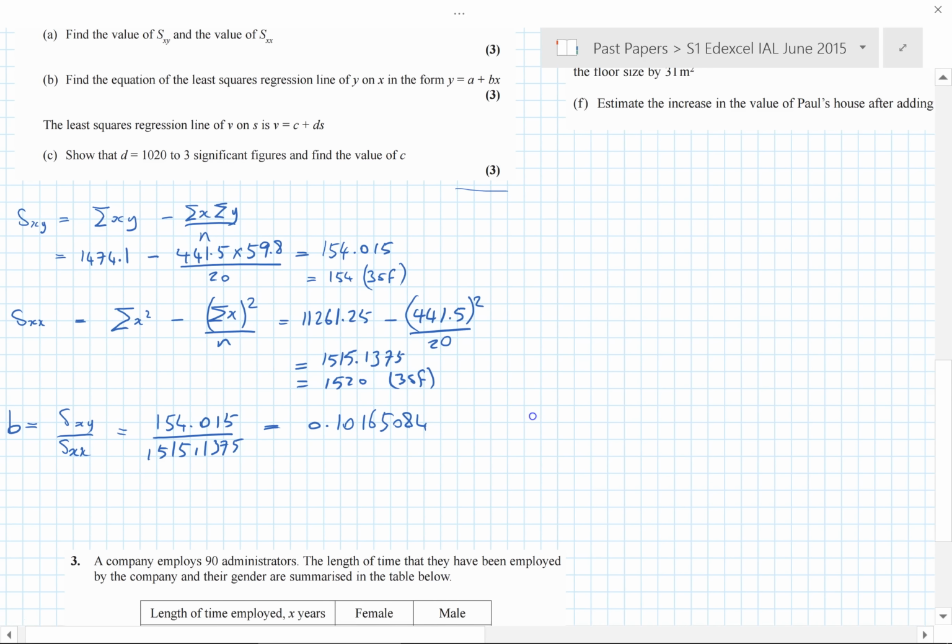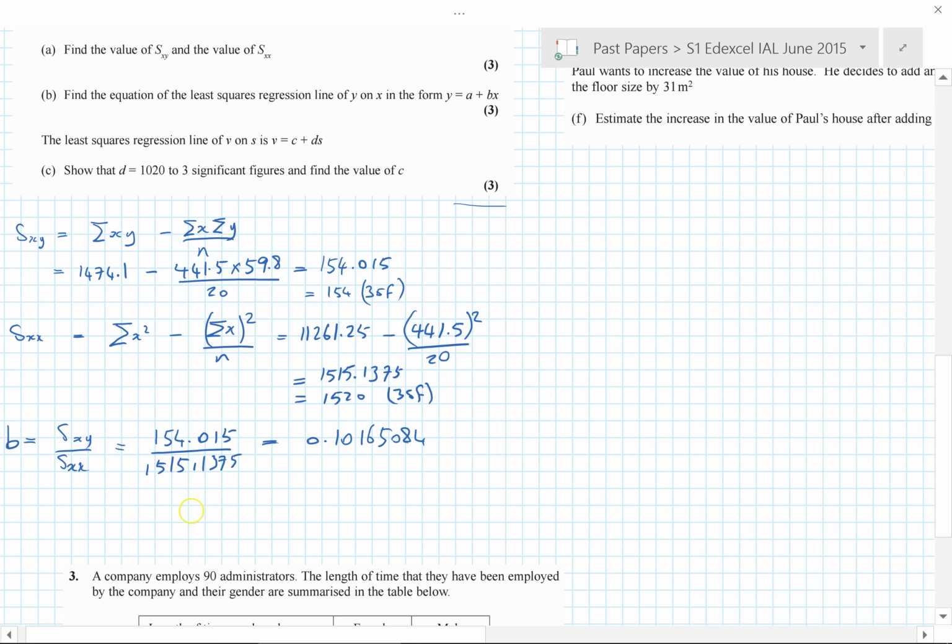We know that the equation is y equals a plus bx. Well, the mean point has to go through that line, so wherever the mean is has to go through our line of best fit. So we can just put x bar and y bar in our line of best fit and rearrange.